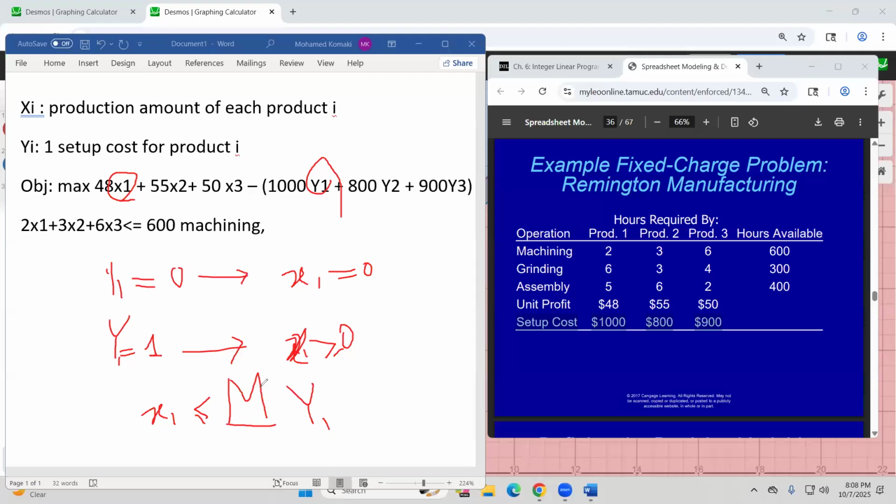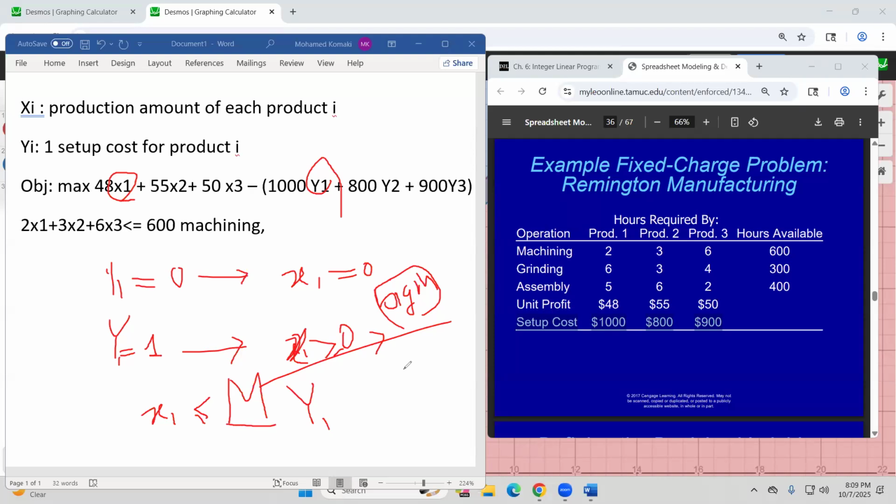So this is called big M. This is one of the ways that you can establish the relationship between binary and other variables. So here you are going to have two more constraints: x2 less than or equal to M y2, x3 less than or equal to M y3.